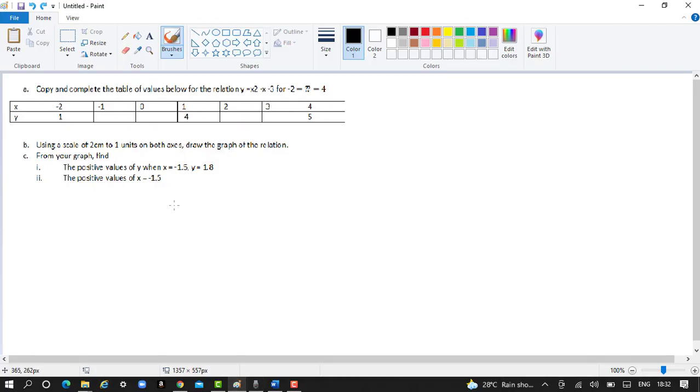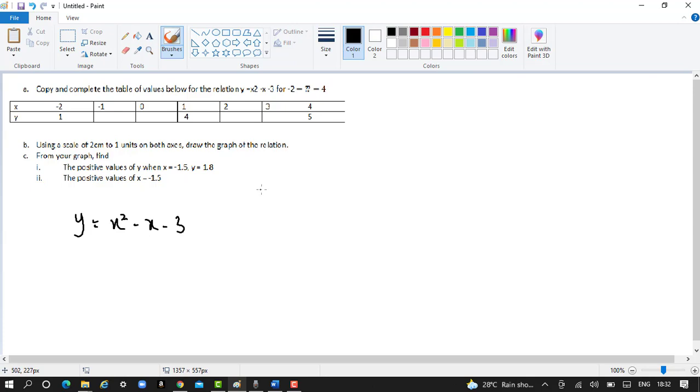Okay, so we have our working space here. Our function was y is equal to x squared minus x minus 3. So let's look at how we can simplify this particular kind of work.